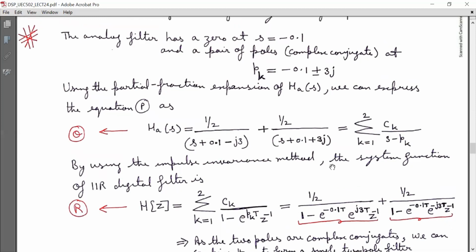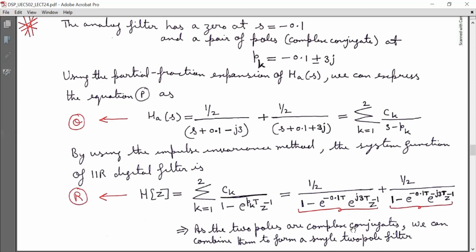We calculated H(s), obtained the location of zeros and poles of H(s), and then used the formula to design the system function of the IIR digital filter H(z) in terms of Ck, Pk and capital T.